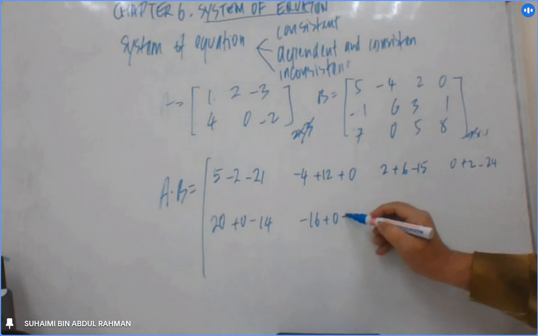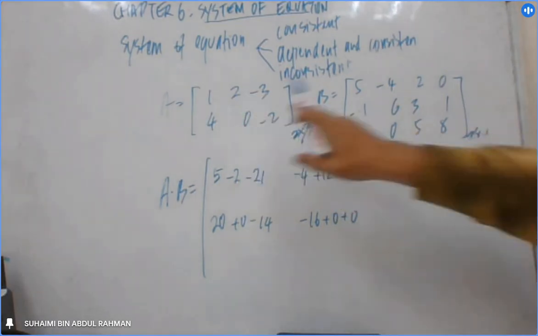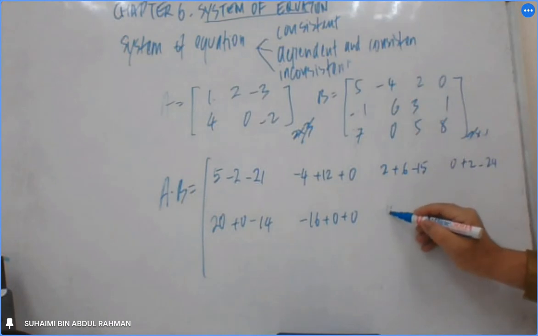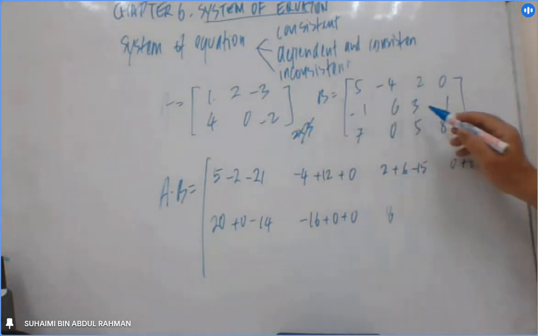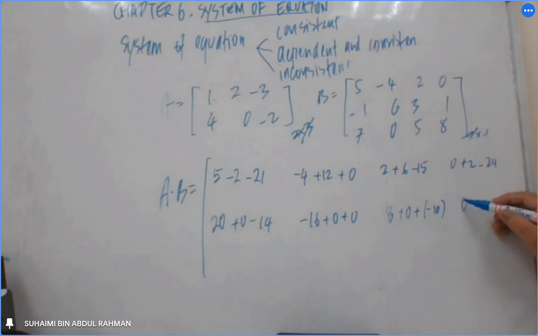Minus 2 multiplied by 0, 0. Then 4 multiplied by 2, 8. 0 multiplied by 3, 0. And minus 2 multiplied by 5, minus 10. 4 multiplied by 0, plus 0, and then minus 16.